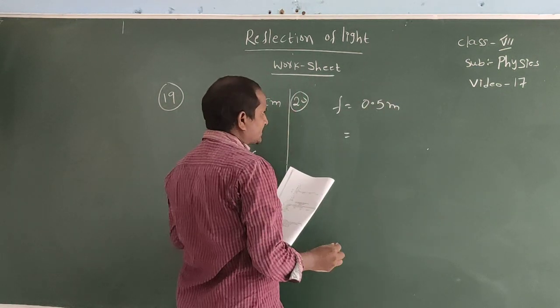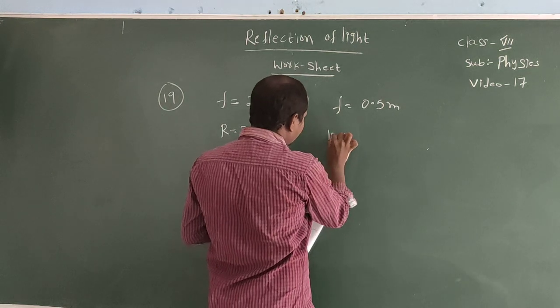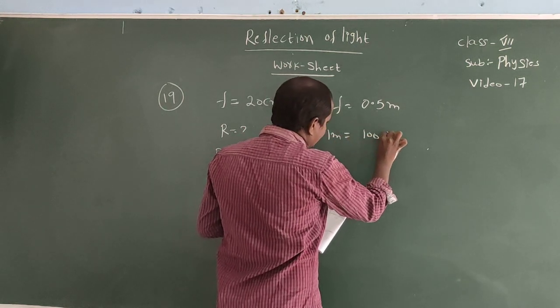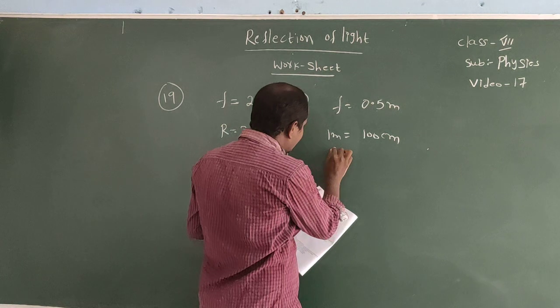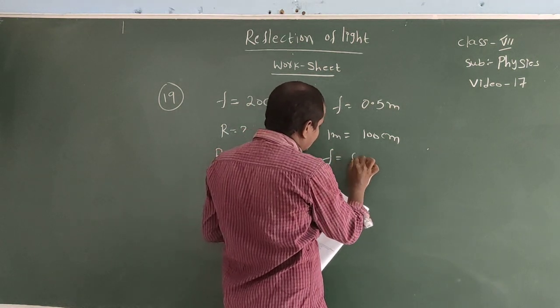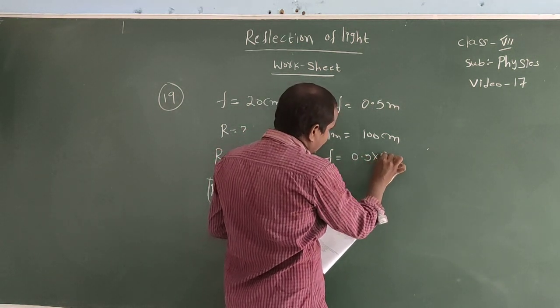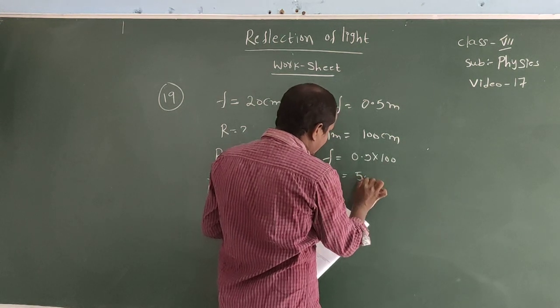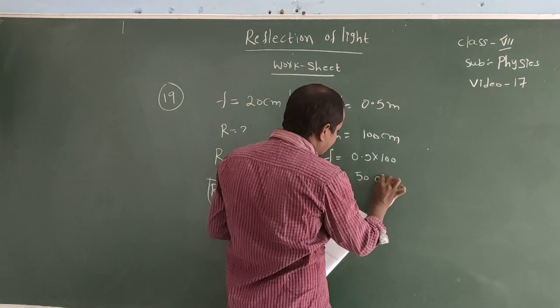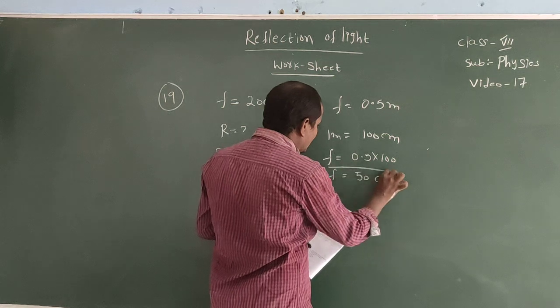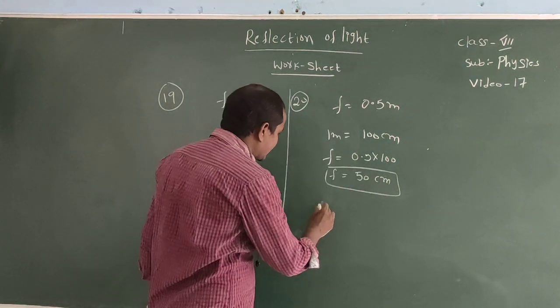Changing this value to centimeters: 1 meter equals 100 centimeters. Therefore, f equal to 0.5 into 100, that equals 50 centimeters. Focal length equals 50 centimeters.